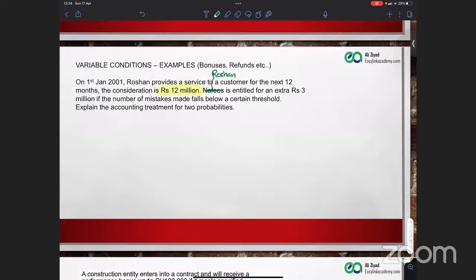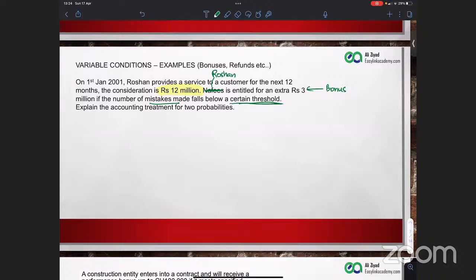Roshan is entitled to an extra 3 million rupees if the number of mistakes made falls below a certain threshold. So he will be getting this bonus only with one condition. What is that? Only if the number of mistakes falls below a certain limit.